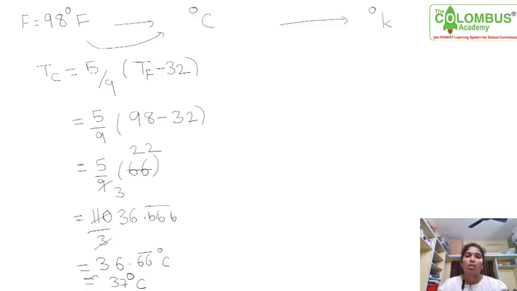Now try to calculate the human body temperature in Kelvin. So temperature in Kelvin is equal to 5 by 9 into (temperature in Fahrenheit minus 32) plus 273.